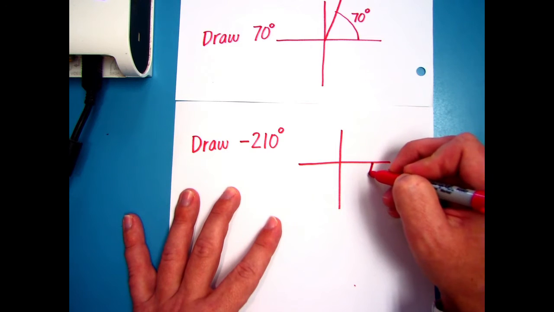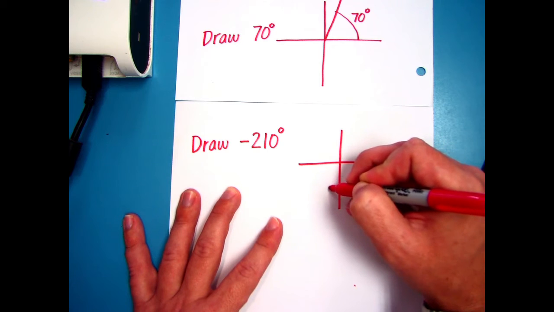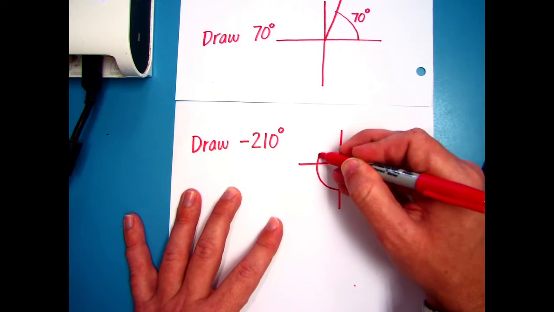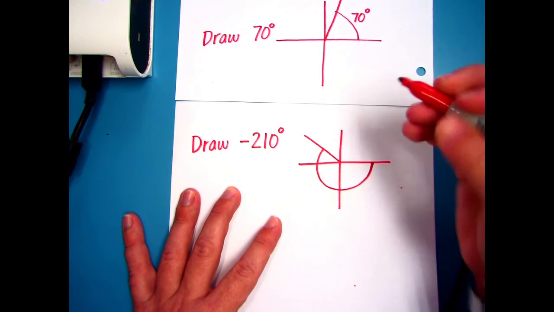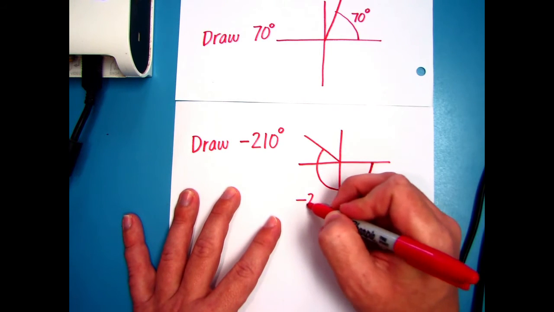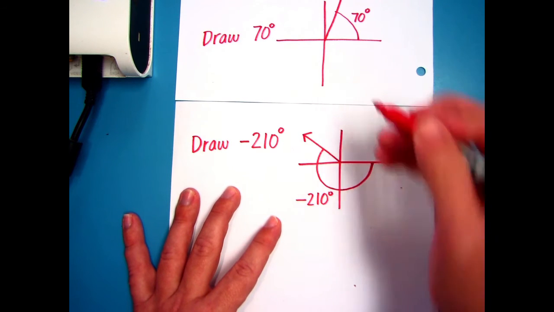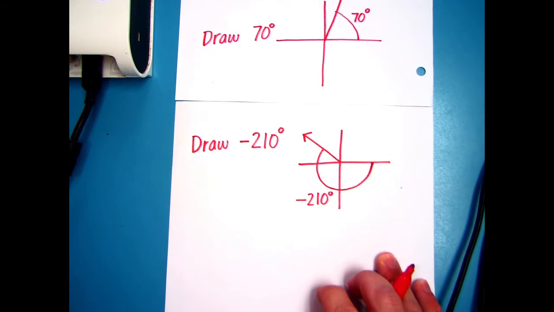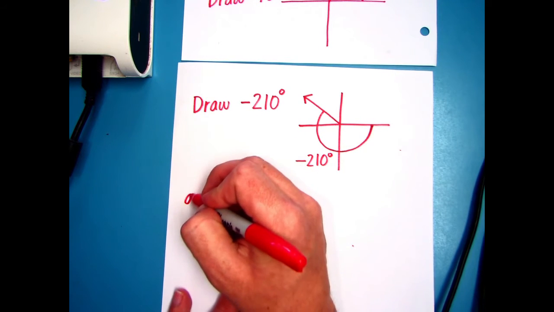A negative angle moves clockwise. So I'm going to move clockwise past negative 90, past negative 180, up into the top left. My terminal side ends in the top left. That is negative 210 degrees.